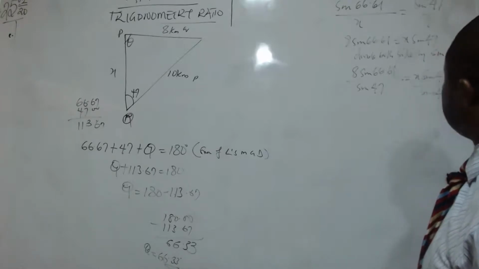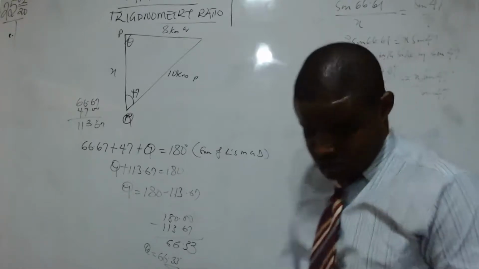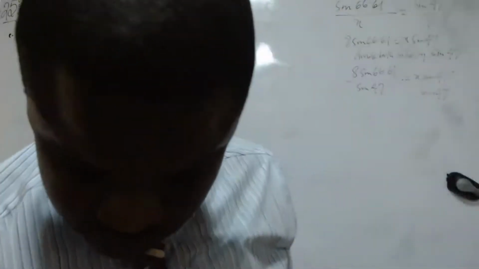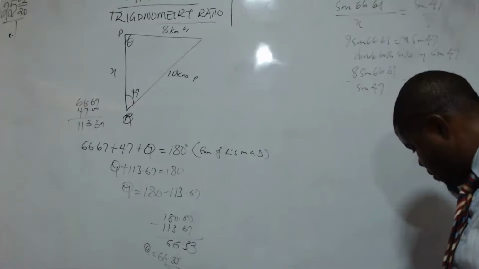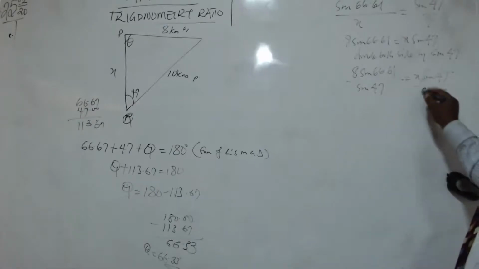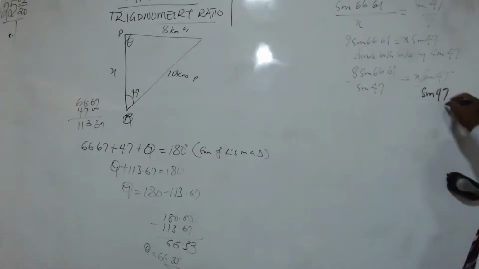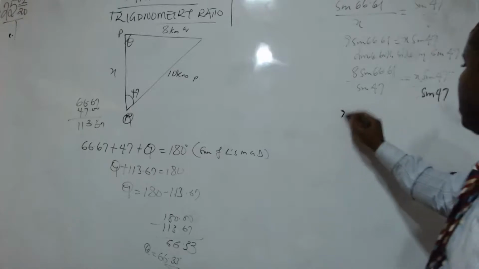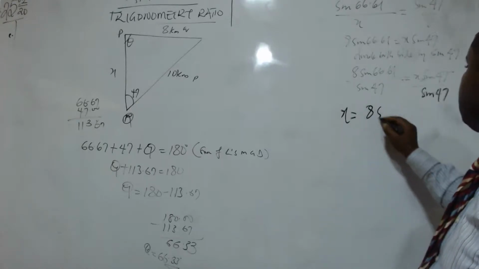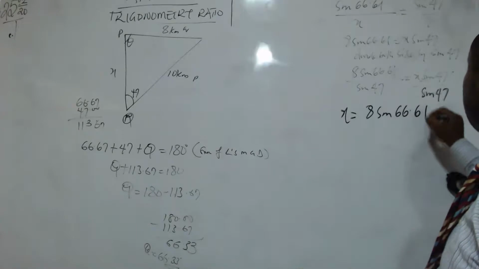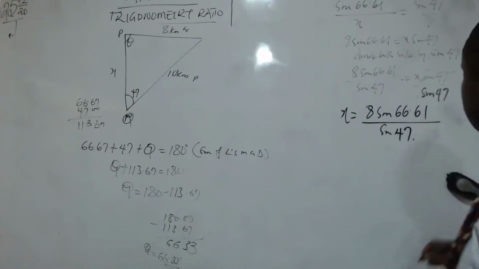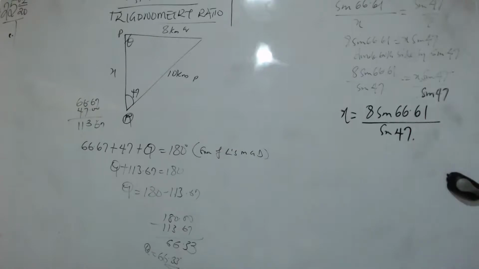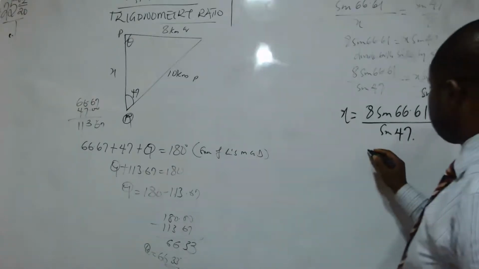This will go with this. So here now we have X equals 8 sine 66.61 divided by sine 47.